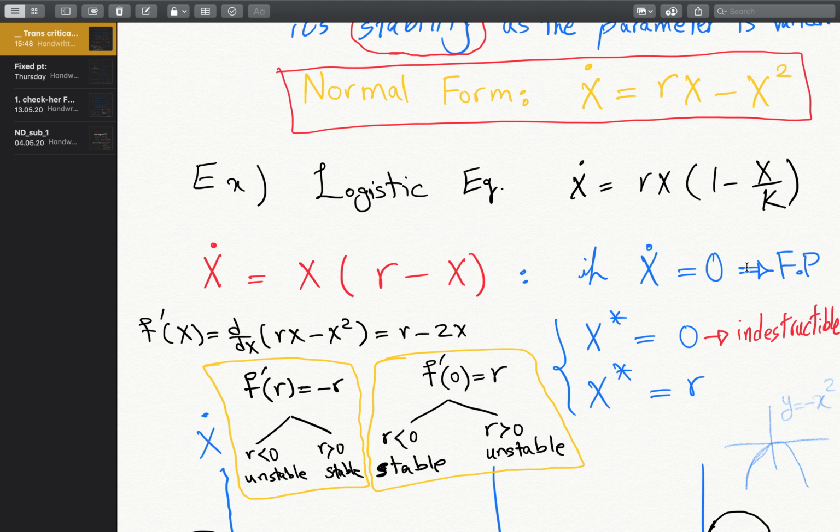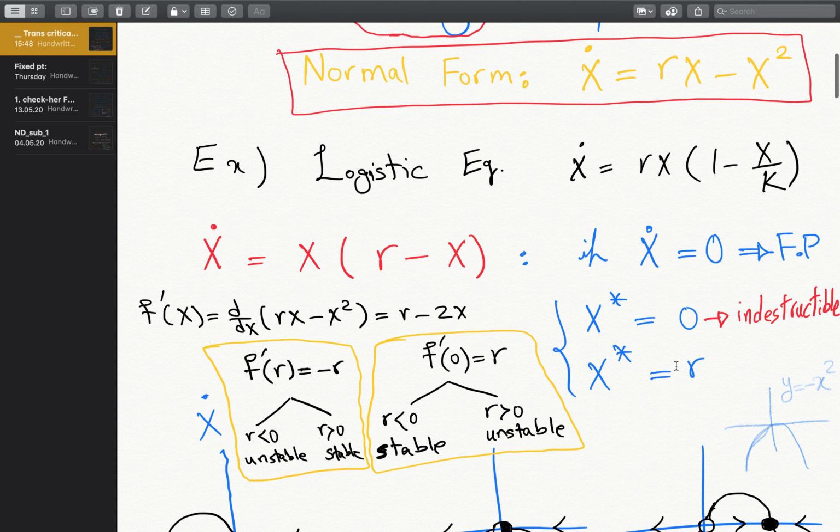Therefore, x dot is equal to 0. If x dot is equal to 0, then x is equal to 0 or x is equal to r. Therefore, x star equal to 0 or x star equal to r are the two values that are my fixed points, so I show them with a star, like x star.